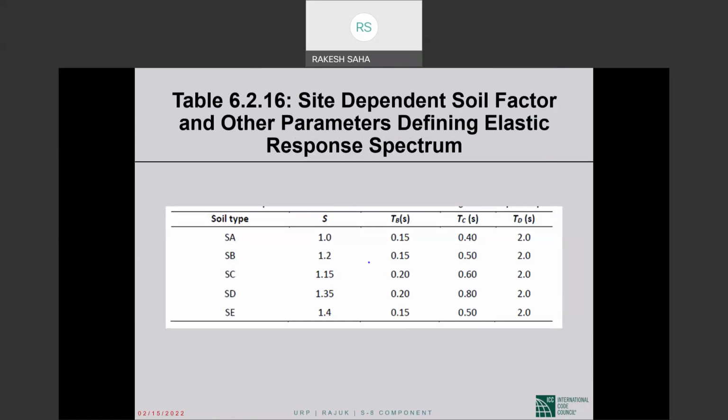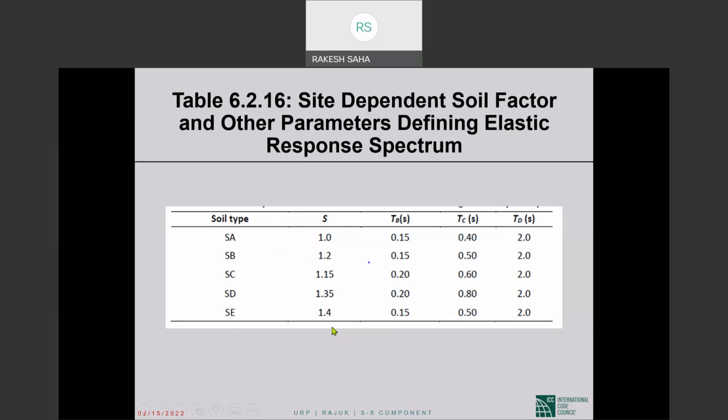So if you know your seismic zone and your soil type, then everything comes directly out of the code. You can draw your design spectrum. Your S sub DS is given, your S sub D1 is given, and these transition points are given, and your soil factor is also given.